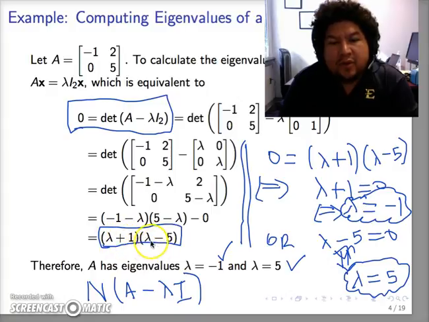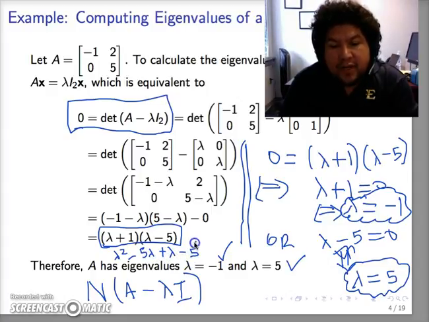If we were to multiply this out, it would be lambda times lambda, lambda squared, then minus 5 lambda, and then plus 1 lambda minus 5. So this would give a quadratic polynomial in lambda.